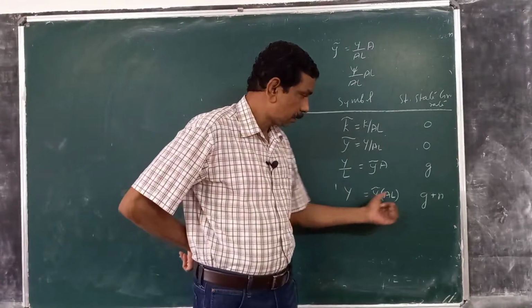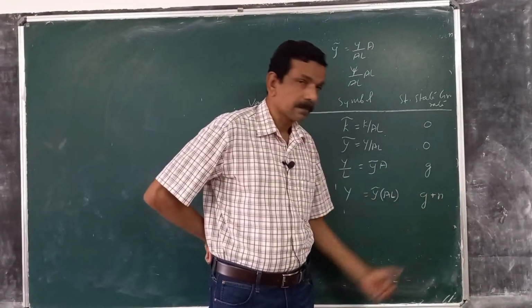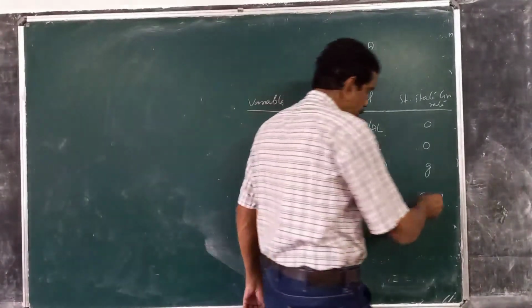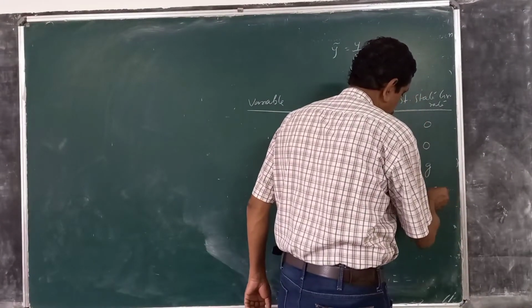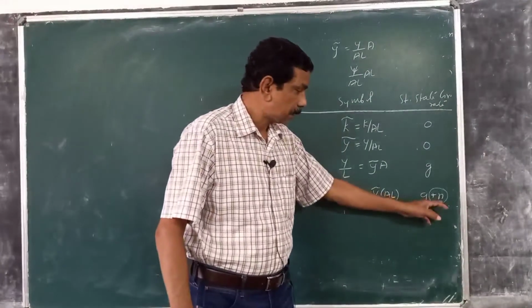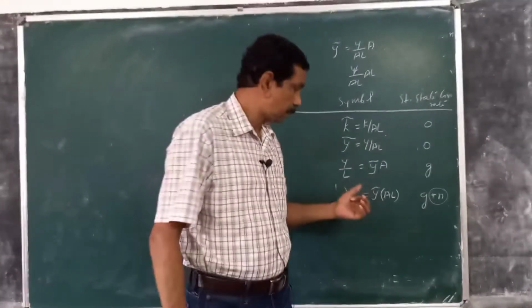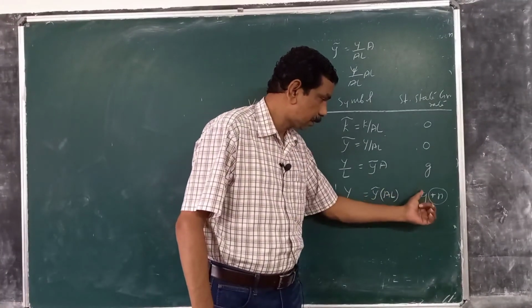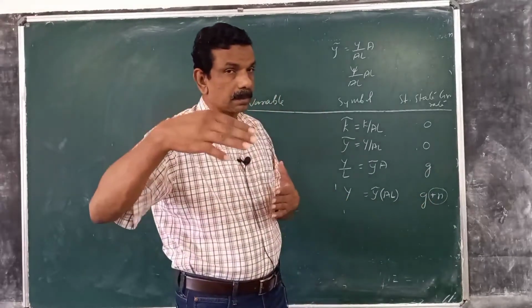Whereas output itself is growing at g plus n. If there is no population growth, then Y will be growing at a rate equal to g, which we have considered earlier.